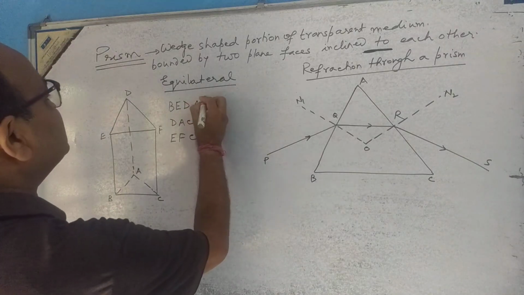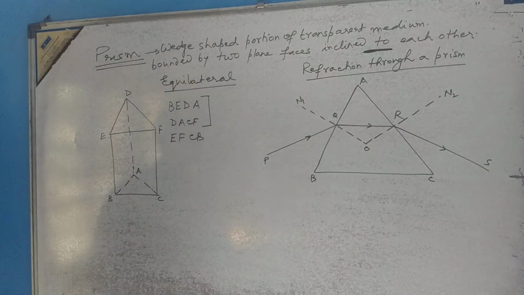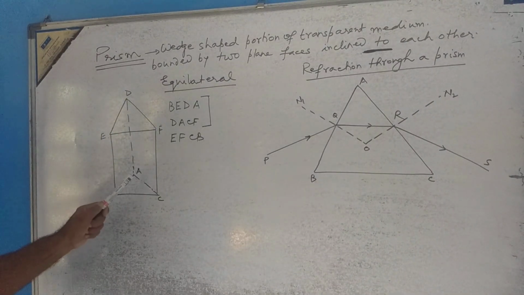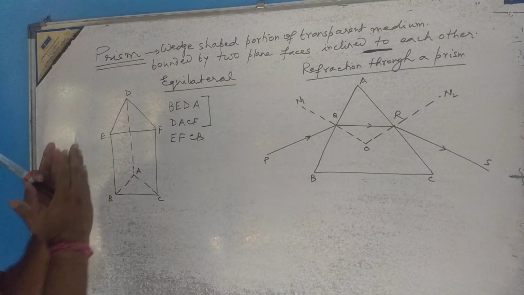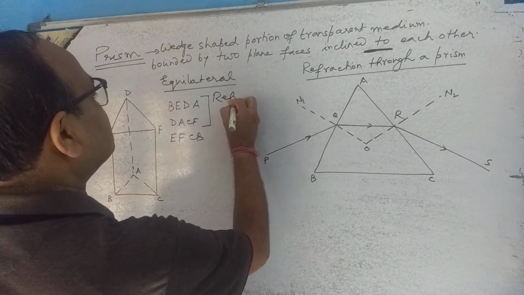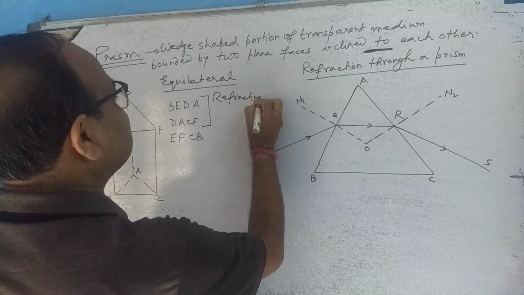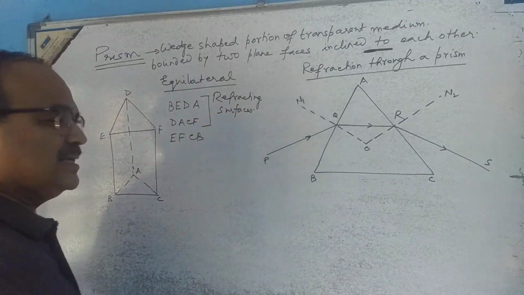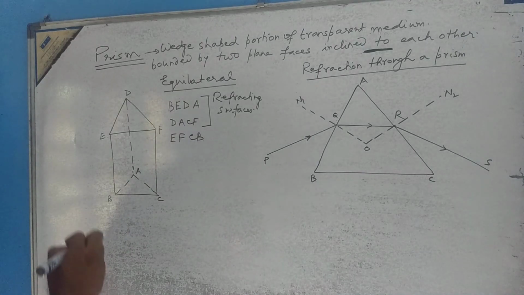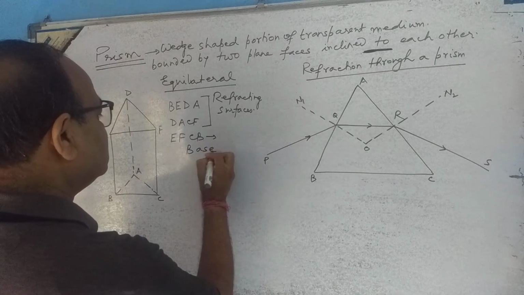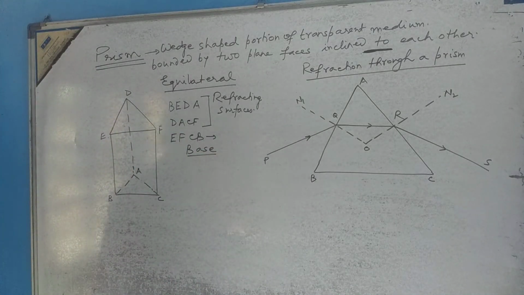Very clearly, these two surfaces, BEDA and DACF, are inclined to each other. These two surfaces are known as the refracting surfaces, whereas this is known as the base of the prism.